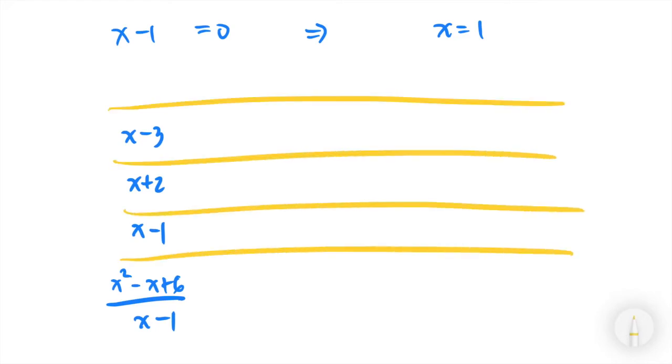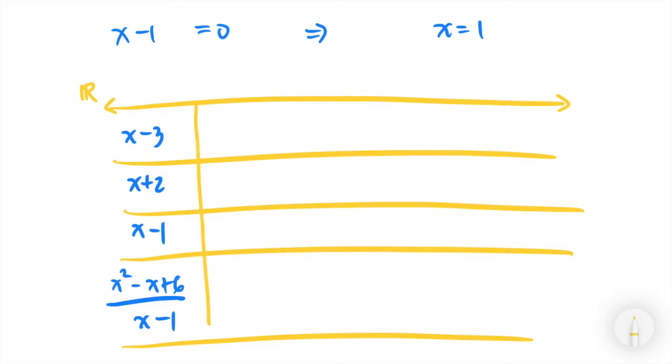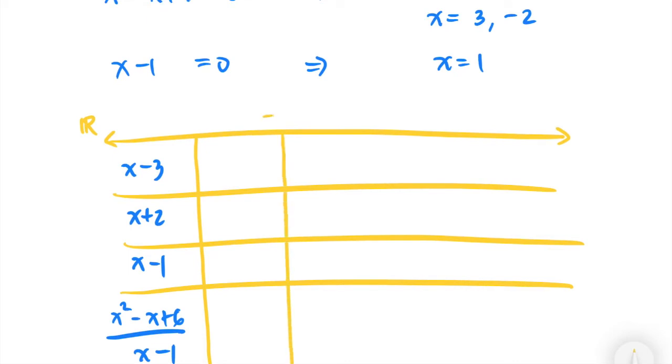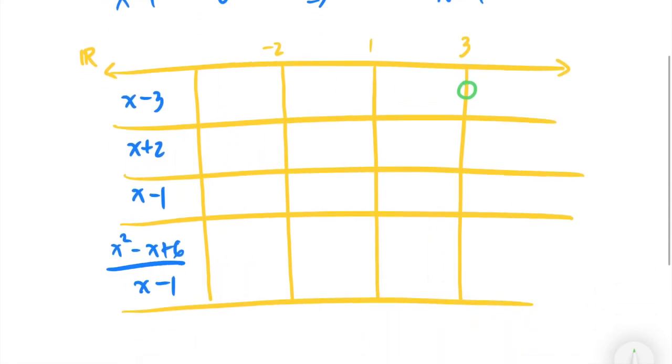The first line will be treated as the real number line. And this will be subdivided based on the zeros of the factors that we have just obtained. And of course, we're going to do this in an increasing manner, where we begin with negative 2, 1, and then 3. We look at the first factor, x minus 3. X minus 3 is 0 at x equals 3.